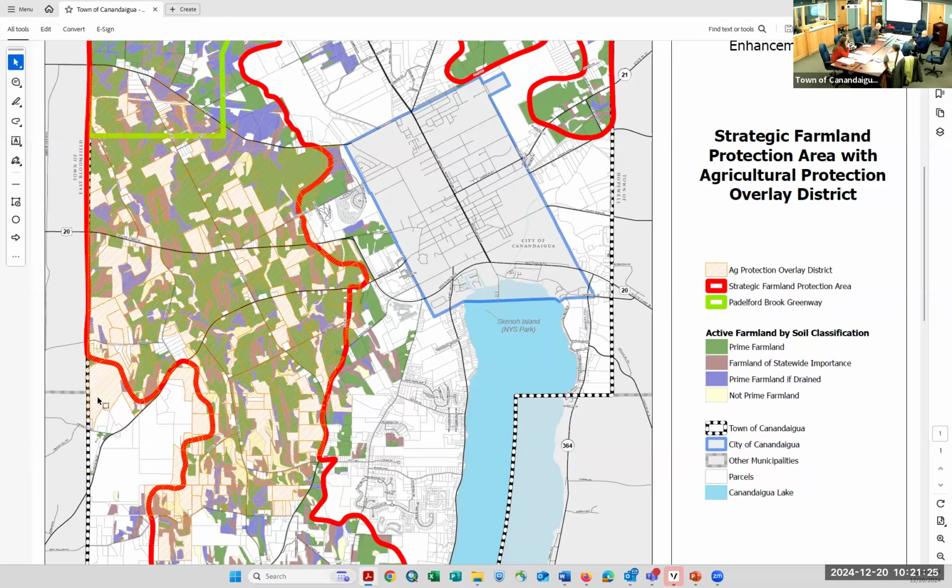I just need clarification. What you've described is the way we show it here. The red line isn't changing because that's what's published in the plan. But the overlay district, and I think this is what I'm hearing, should include any parcel that's at least partially within the red that falls within the boundaries described by the law between these roads. So it's basically what we've presented here as a proposed depiction of the ag protection overlay district, these orange hatches.